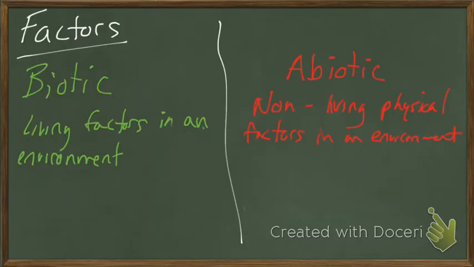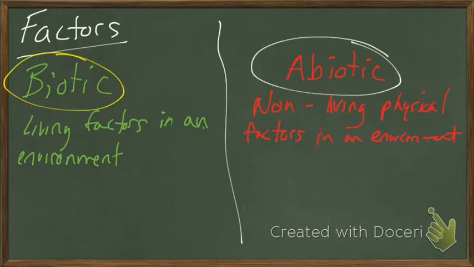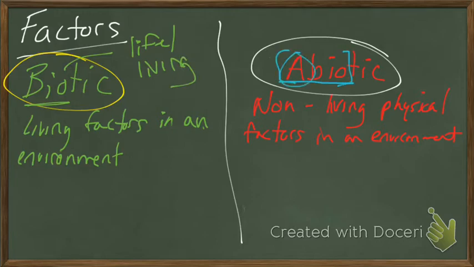Looking at two different factors, we have biotic and abiotic factors, okay? So we did talk about that word bio. This means life or living. Life/living. Okay? And this abiotic, abio, anytime you have an A in front of a word like that, it means the opposite. So this is not living or no life.